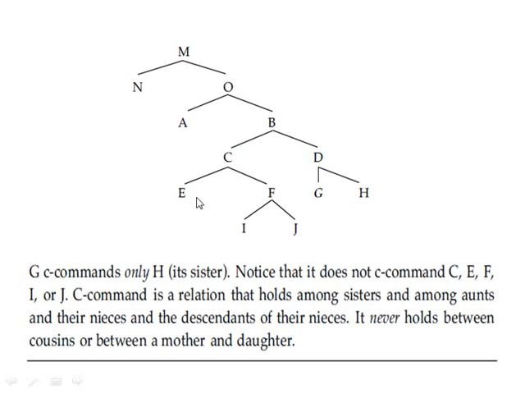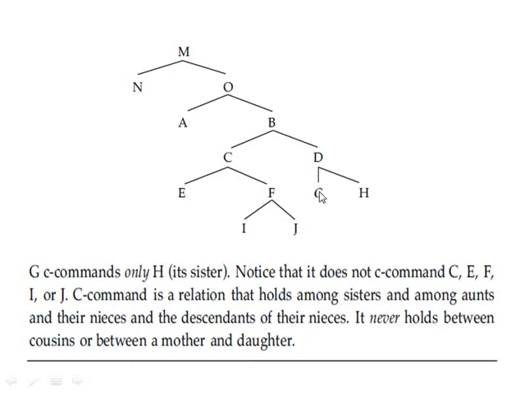not sigmening C, E, F, I, G, because sigmen is a relation that holds among sisters and among aunts and their nieces and descendants of their nieces. It never holds between cousins or between a mother and daughter.